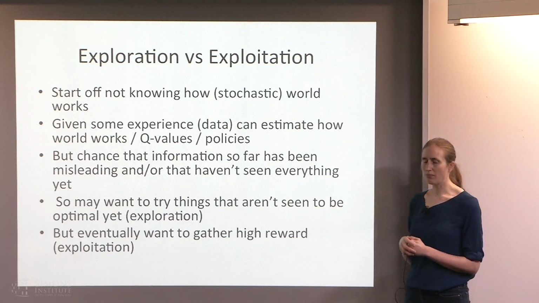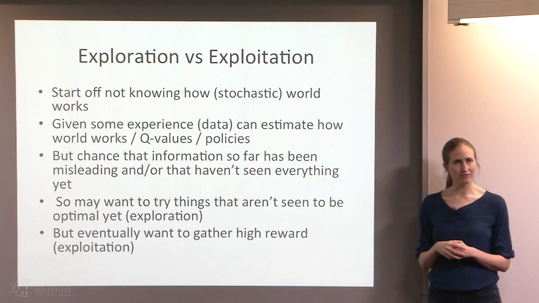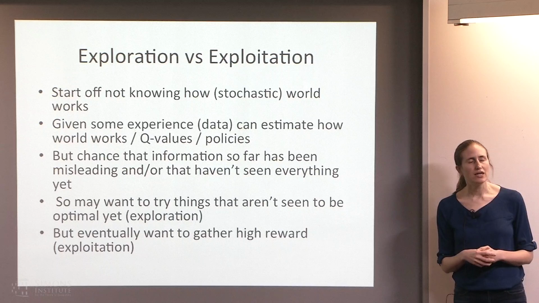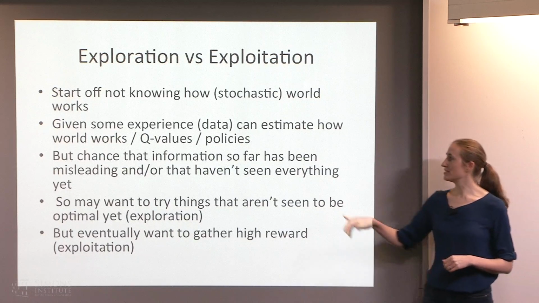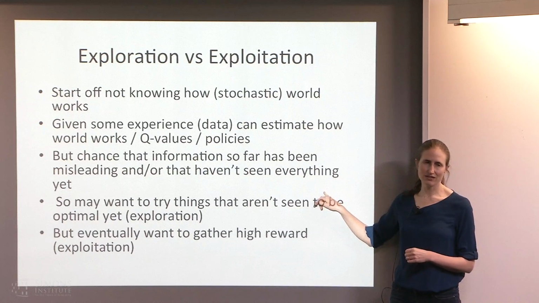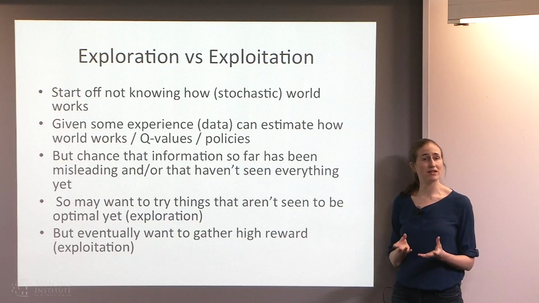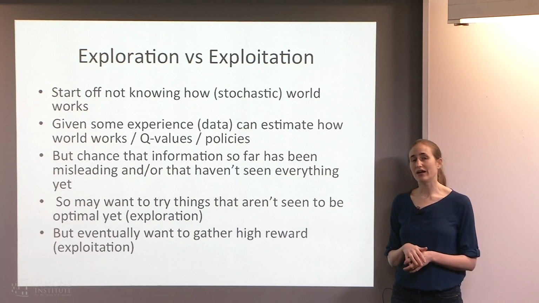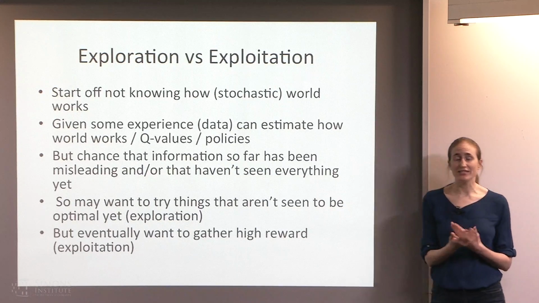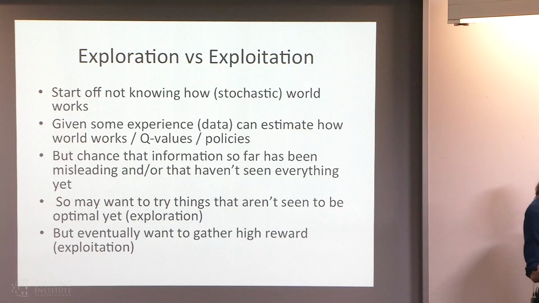But the problem is that if we don't have very much data, and possibly even if we have a lot of data, that data either might be misleading or we haven't seen everything yet. So we've only explored a little bit of the state space, or maybe we were just unlucky and we got a series of unlikely transitions. It's like if every time you go to the airport, TSA is backed up.